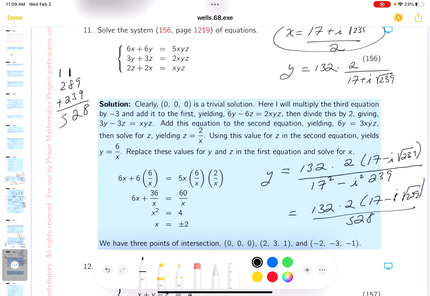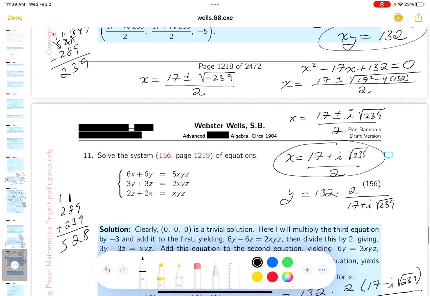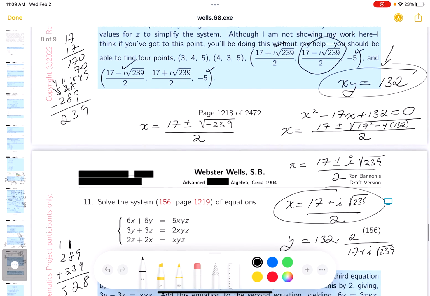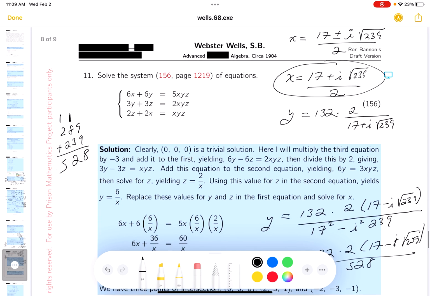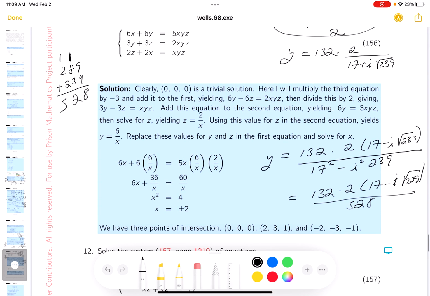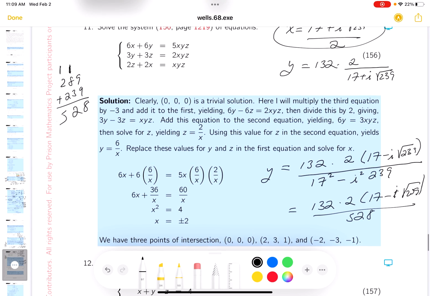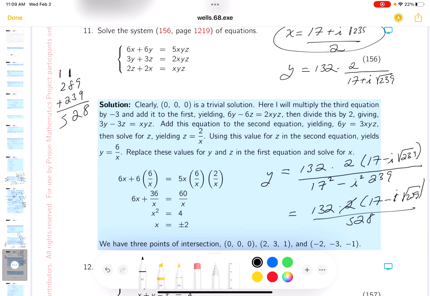All right. Now again, someone's just looking at it and thinks, I don't think you got the right answer. Well, let's be careful. And what am I looking at? And 2 times 132. I think I made a mistake somewhere. 2 goes into that.